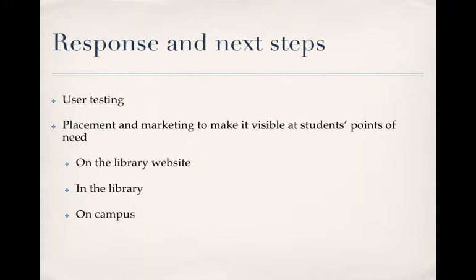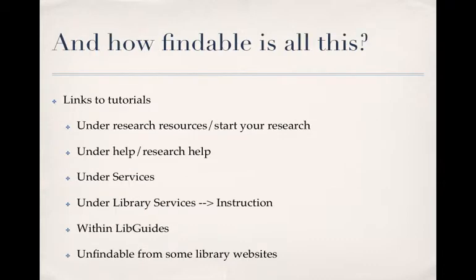It's available in a lot of places on the library website, but we're doing a major redesign of the website, and I'm hoping that we can think about how to make this available at the pain points on our website so that students can get the answers they need to continue with their research, and also how we can market it around campus to make it more visible, say in computer labs, department offices, etc.